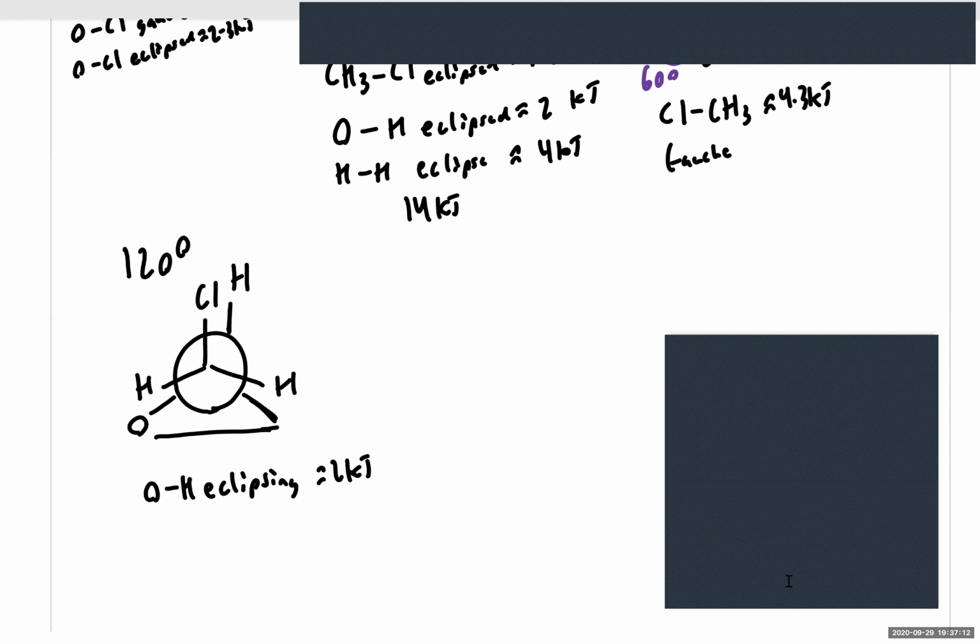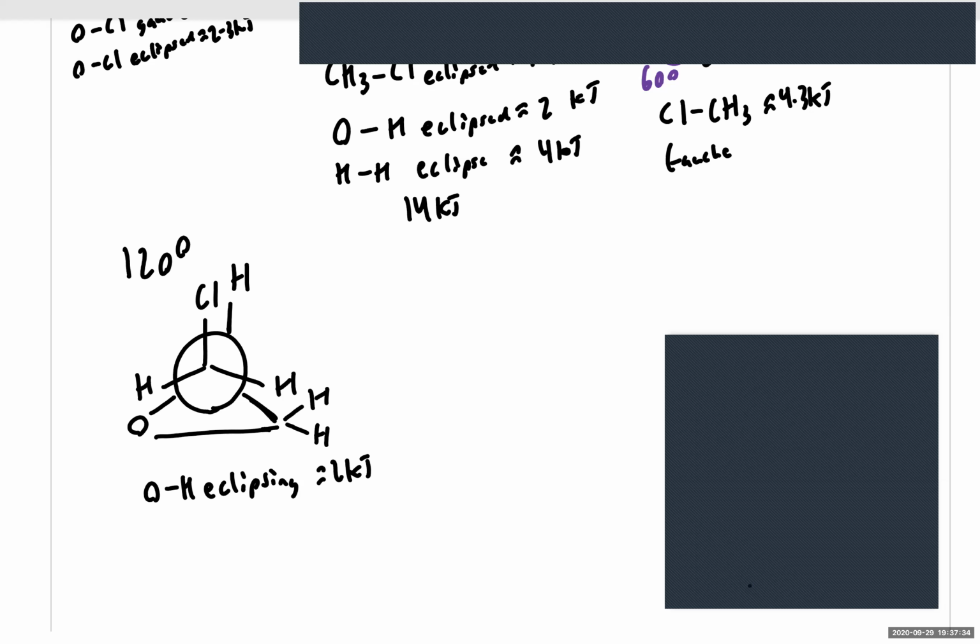Yes, so the methylene group takes up more space, and as a result, there's a greater amount of strain associated with the eclipsing interaction, because this methylene group is taking up a greater region of space. Does that make sense?